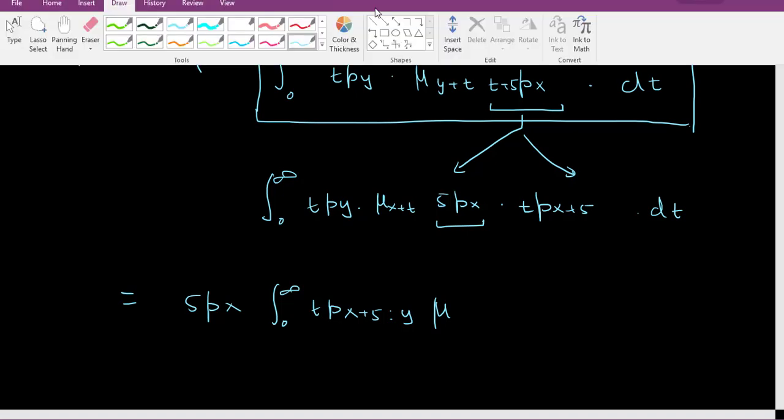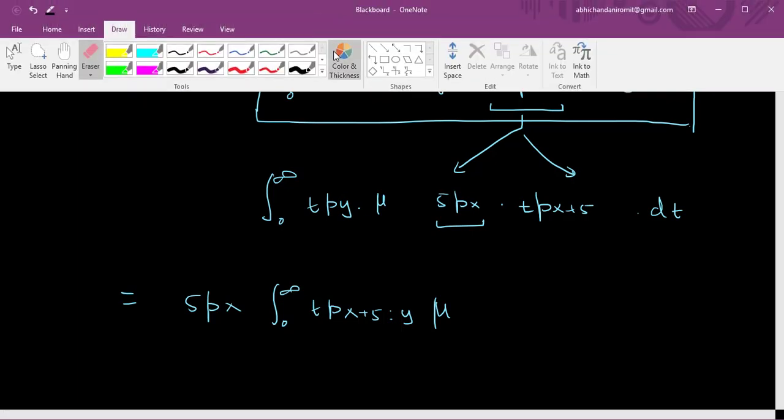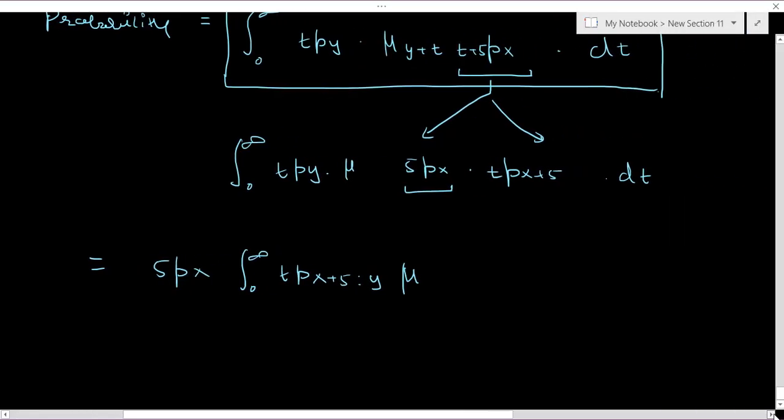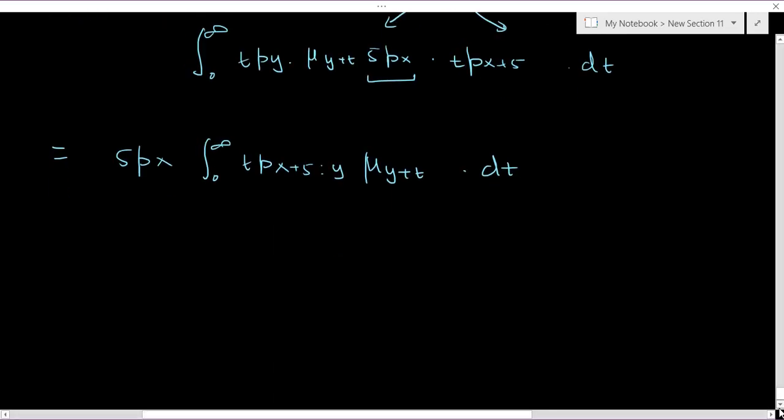Let's fix this using an eraser like we used to do when we were kids. This becomes mu y plus t, right? And this also becomes mu y plus t dt, right? So this is what I have, right? So what does this mean? This means that I want y. Okay, let's just try to understand this integral here.